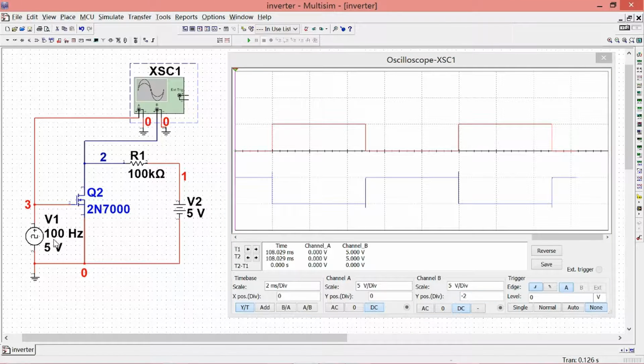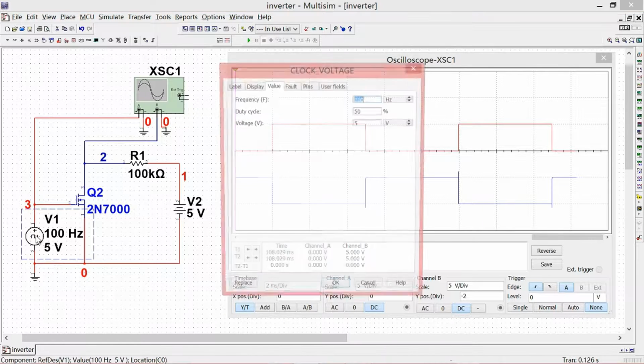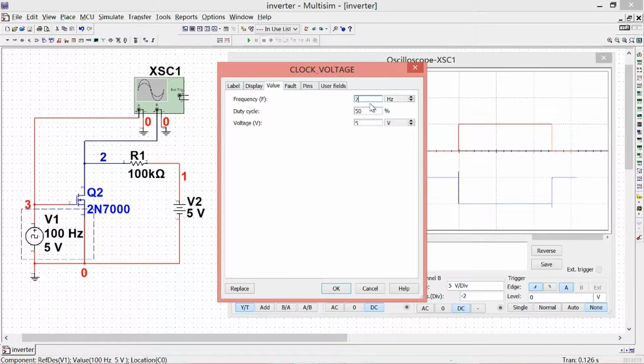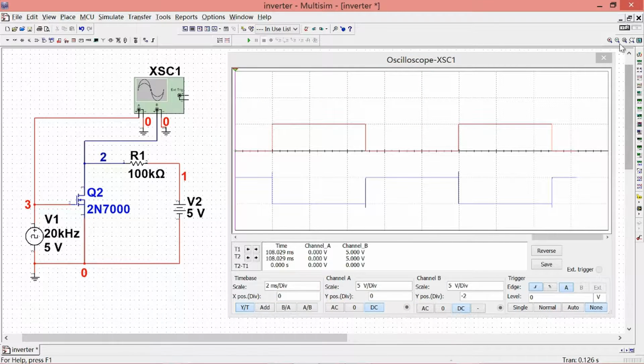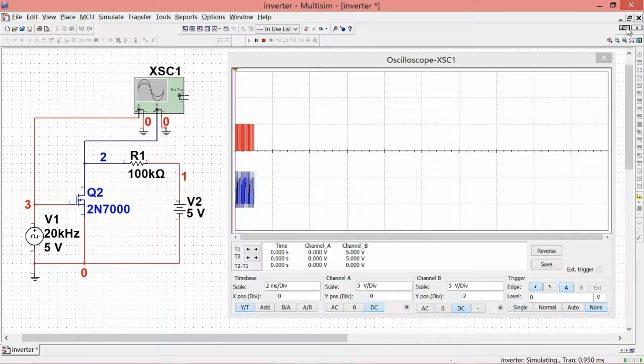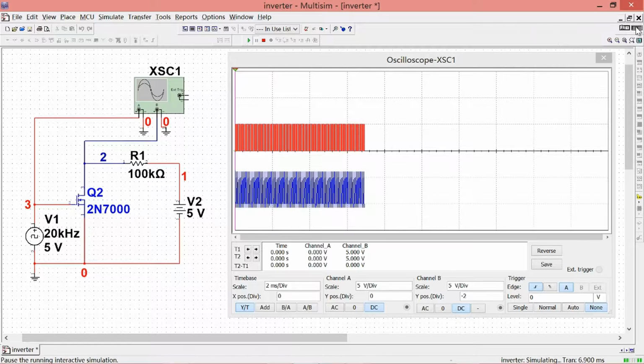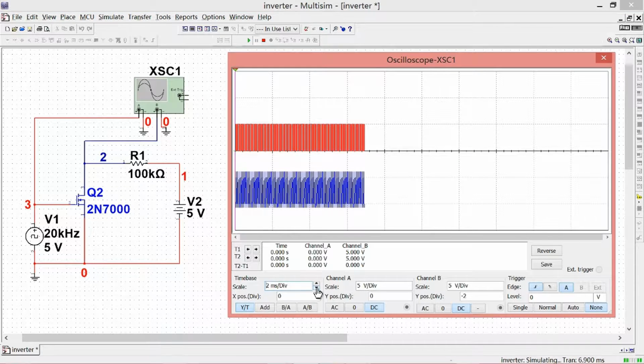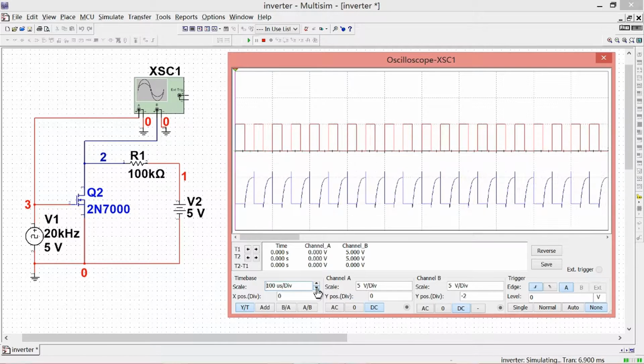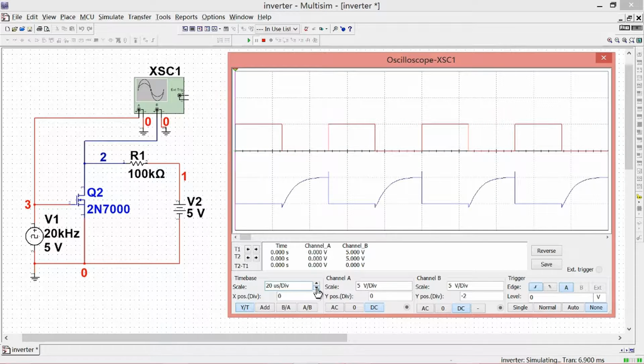Now we increase the frequency of the input square wave from 100 Hz to 20 kHz. Start the simulation again. Pause. Adjust the time-based scale to be smaller. The output signal is not a square wave with good shape.